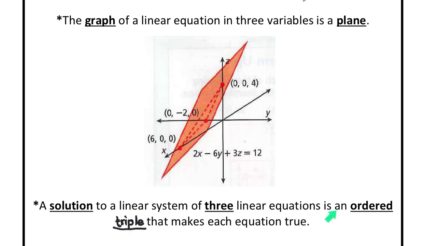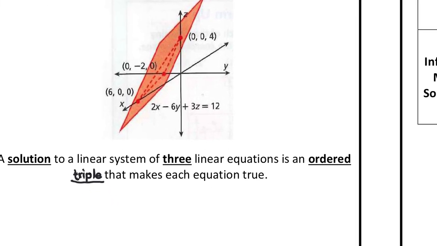So an ordered triple that makes the equation true. We're going to end up with solutions that have answers of x, y, and z. Again, it'll make more sense when we look at the examples, but right now I'm just going over some terminology from geometry.